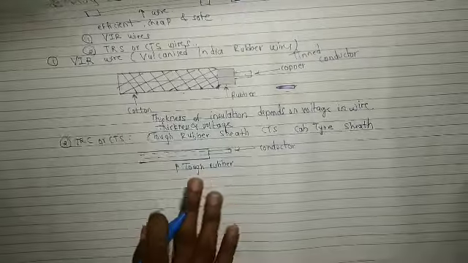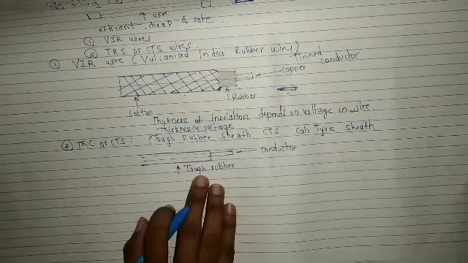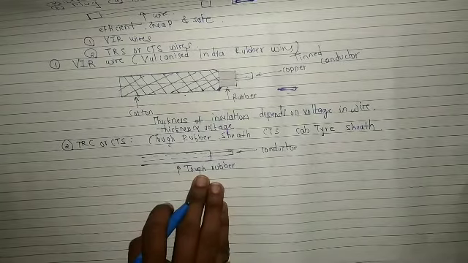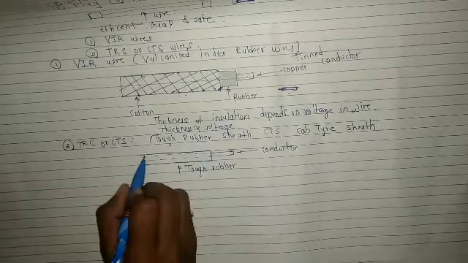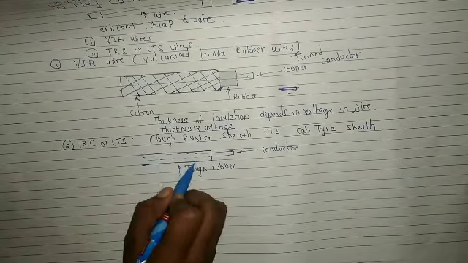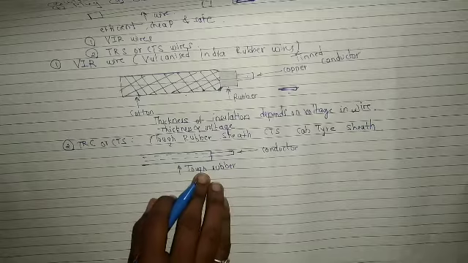Okay, so in this TRC, it is provided with rubber insulation. So the name itself suggests that it is a tough rubber sheath. That means it has insulation or a covering of tough rubber. So wire is provided with rubber insulation.